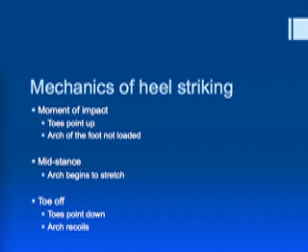What we want to be able to do is start to get that recoiling from both the arch and the lower leg. So we can start to see that heel striking isn't maybe the most effective and certainly not the most efficient way of maximizing load on the legs. So what we're able to do is, in a way, become more efficient when we run.